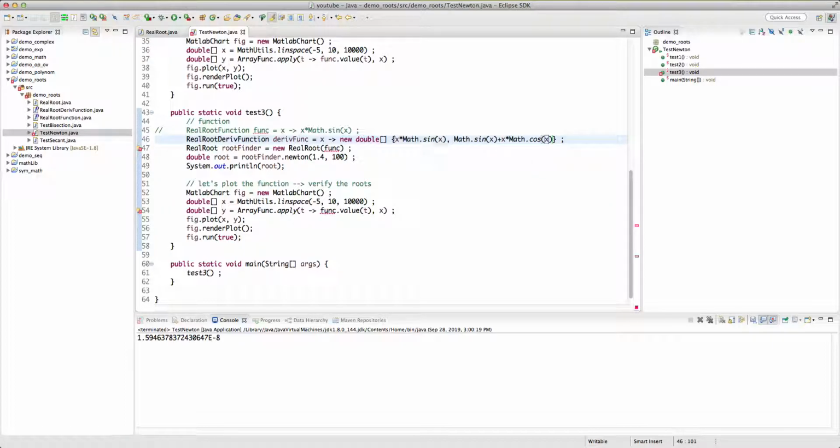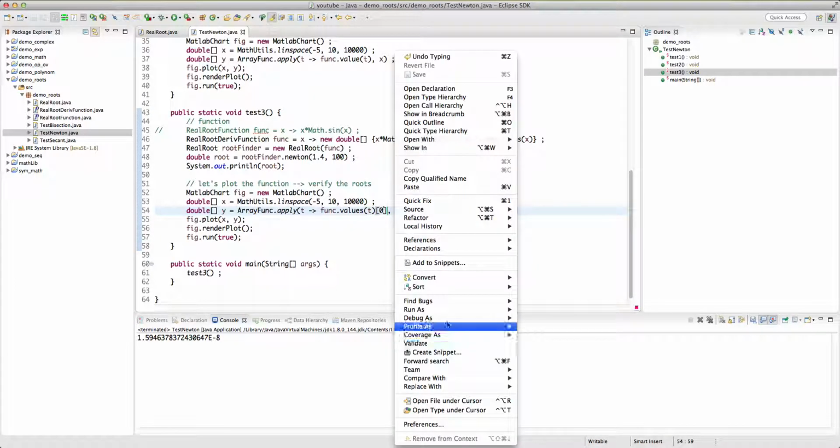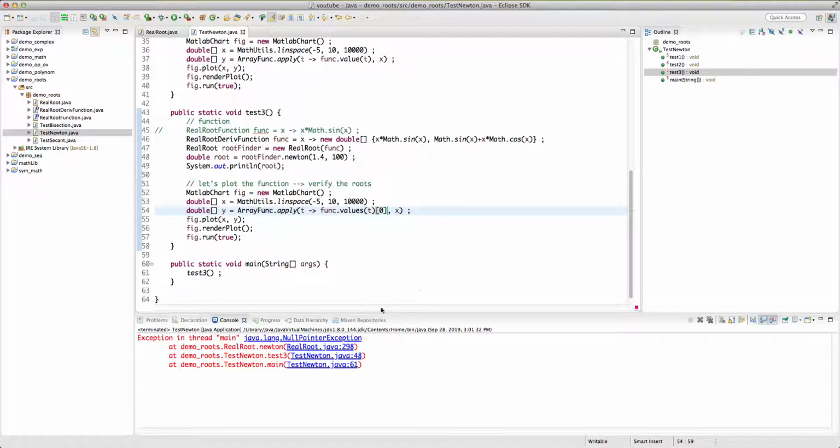All right, and then let's just call it func. And then here we're going to call the values and then get the first element, so everything should be fine here.